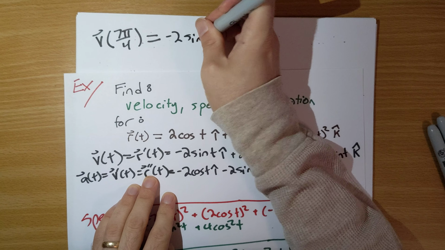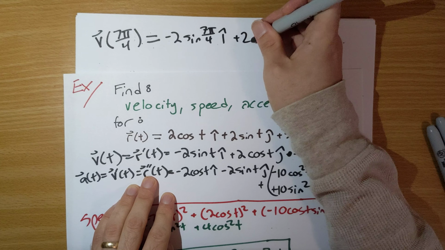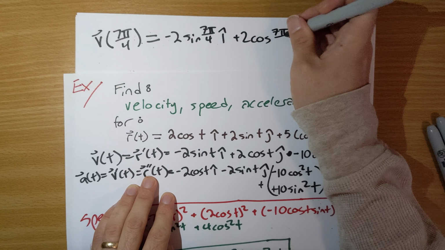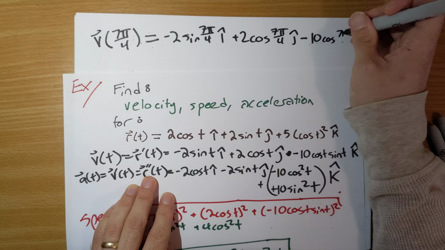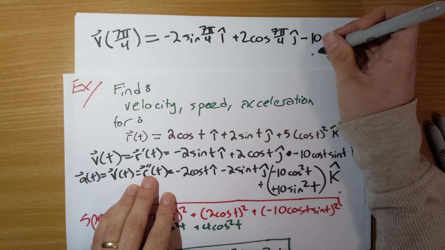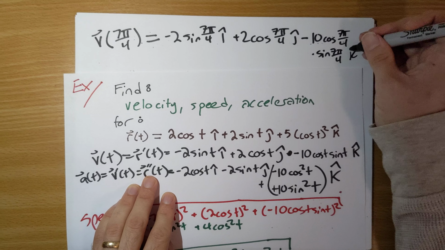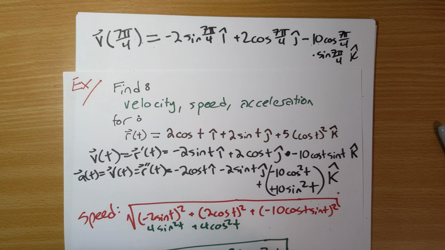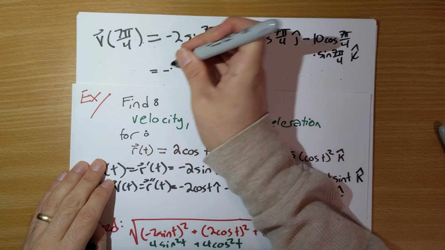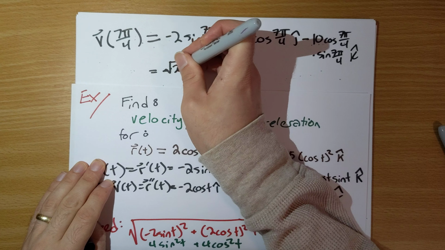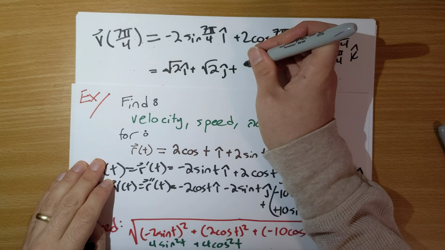So negative 2 sine of 7 pi over 4 i hat plus 2 cosine 7 pi over 4 j hat minus 10 cosine of 7 pi over 4 times sine of 7 pi over 4 times k hat. And crunch, crunch, crunch. This ends up as square root of 2 i hat plus square root of 2 j hat plus 5 k hat.